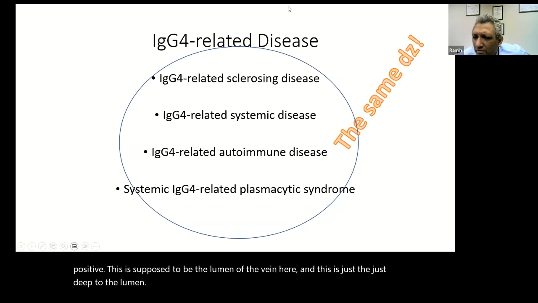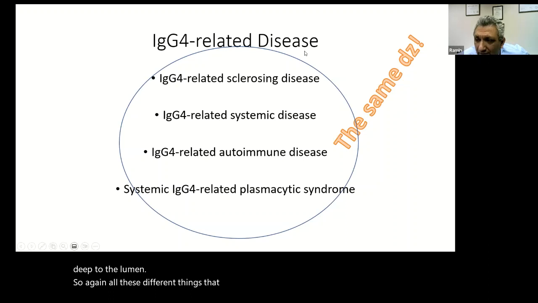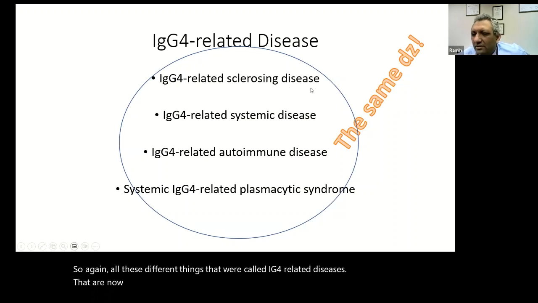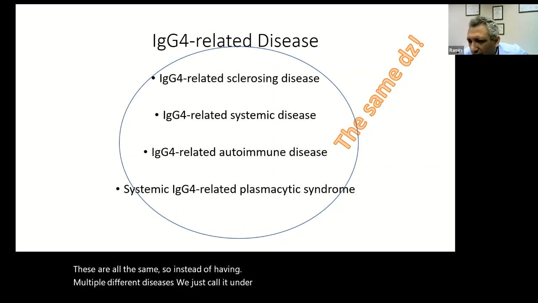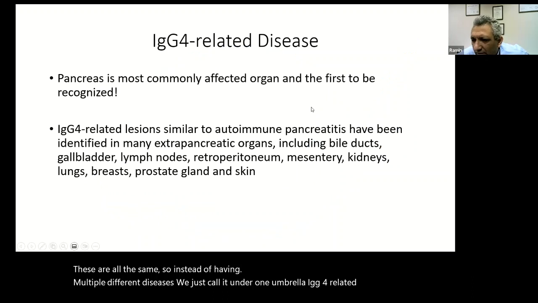So again, all these different things that were called different diseases are now called IgG4 related diseases. They are all the same, so instead of having multiple different diseases, we just call it under one umbrella, IgG4 related diseases, and it affects many organs.